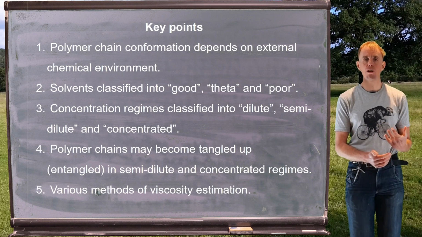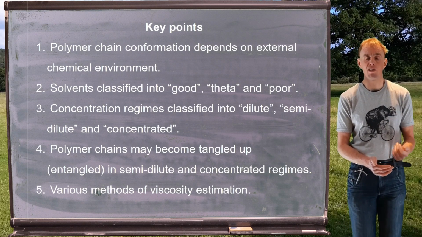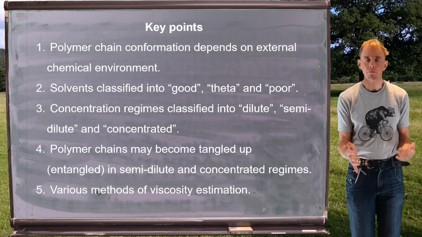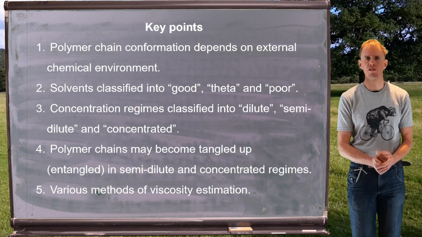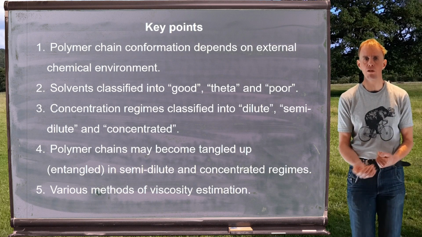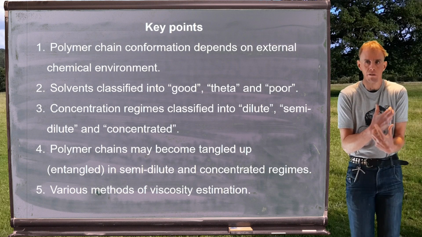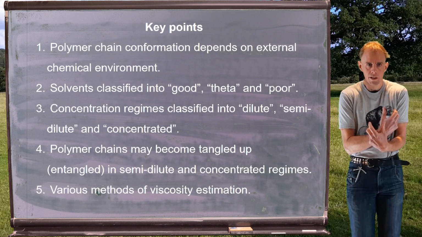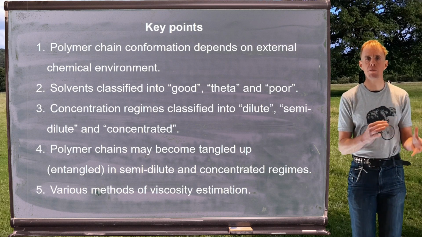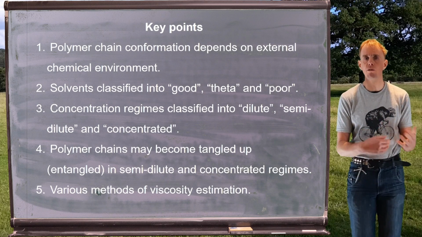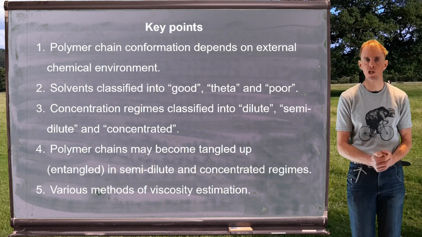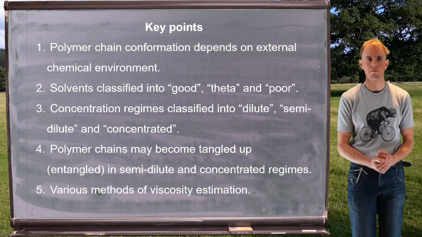And we saw that for good solvents, monomers like solvent interactions and chains open up. For poor solvents, monomers prefer monomer interactions over solvent interactions, and the chains become globular and very, very tightly coiled. And we have the crossover between those two where there's no external or internal influence on the polymer chain conformation, and we call that the theta solvent.